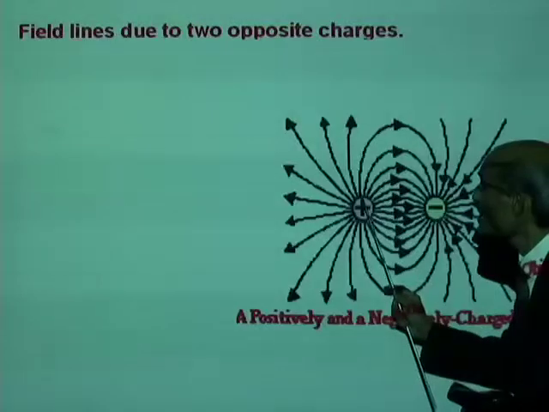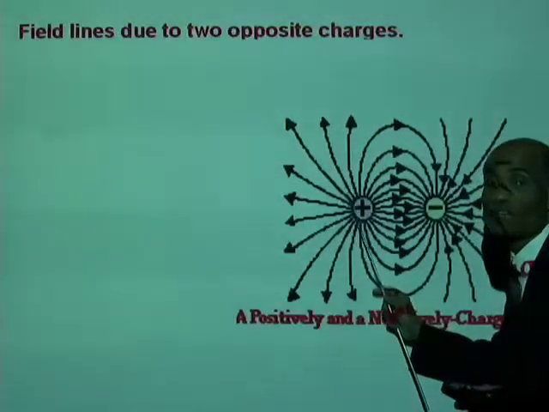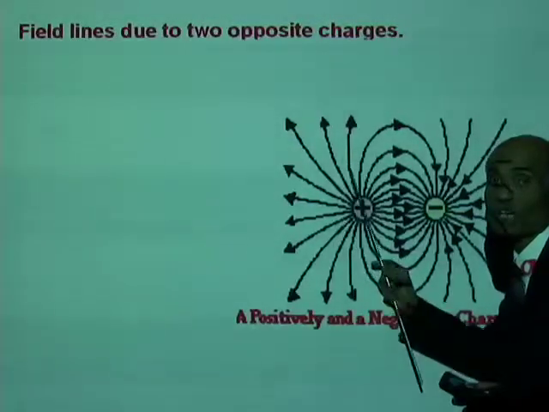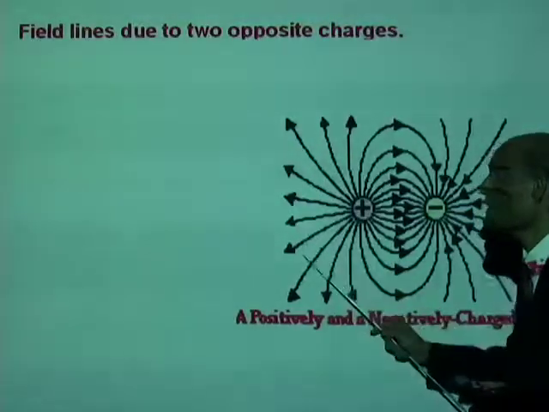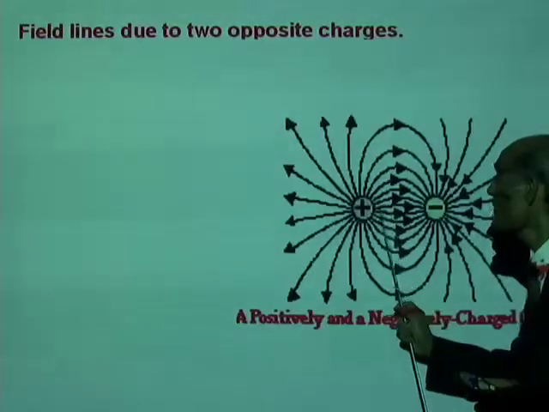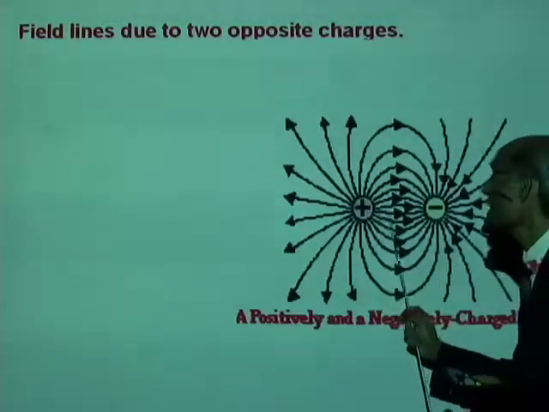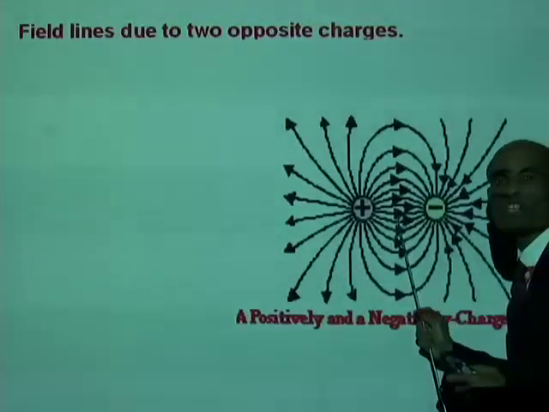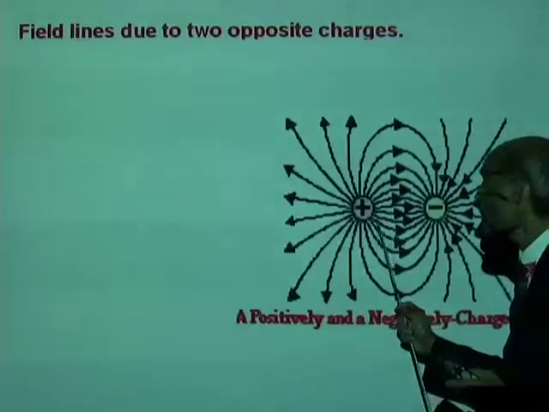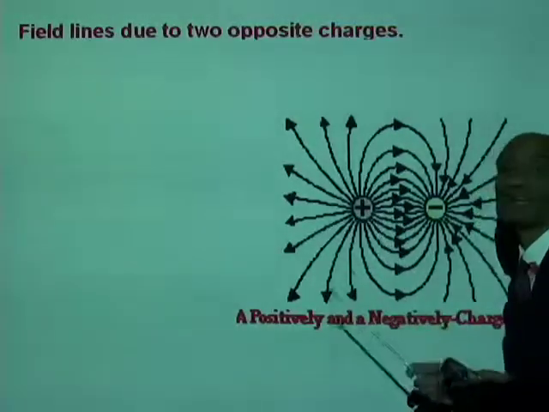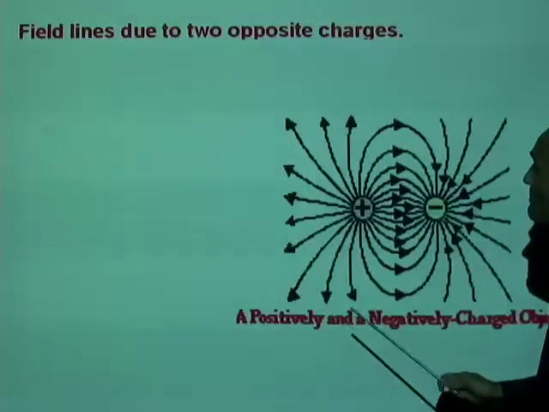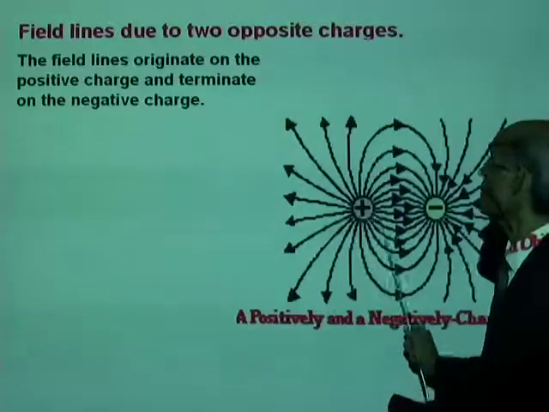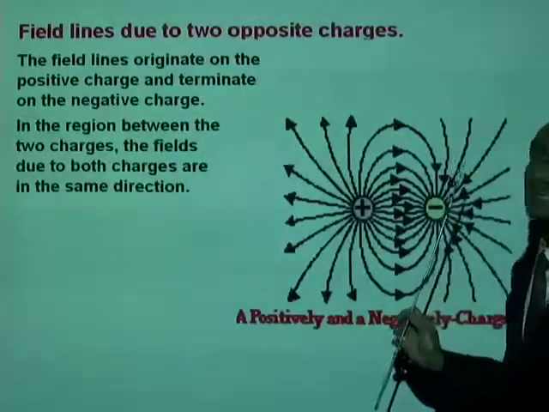Now, you should also try and understand this. The strength of the field is much stronger where I am circling with my pointer and much weaker over here. And what can you say about the strength of the field in between the two charges? You can see the field lines are very nearly parallel there. So you have an almost uniform field in between the two charges. Why? The field lines originate on the positive and terminate on the negative.